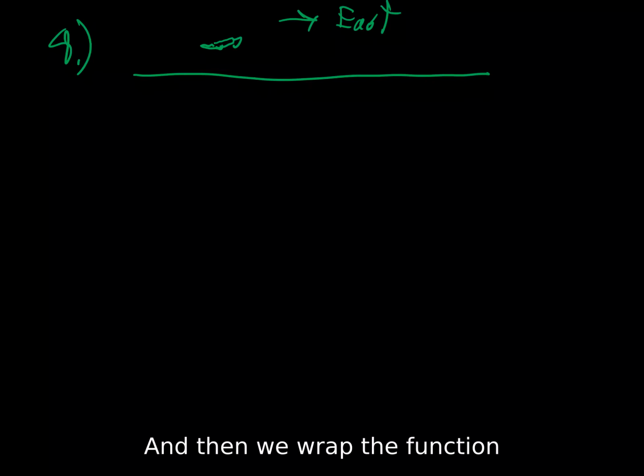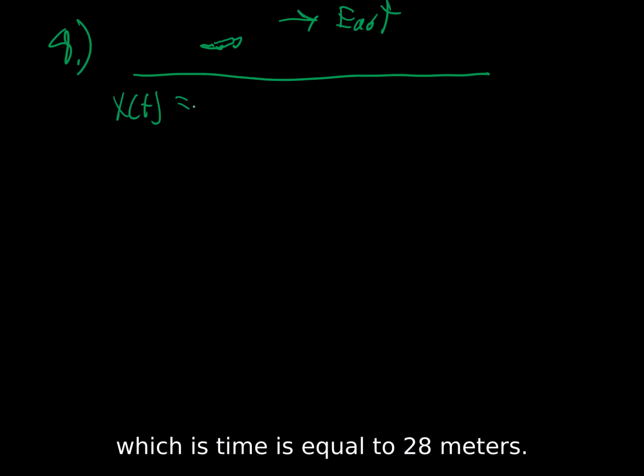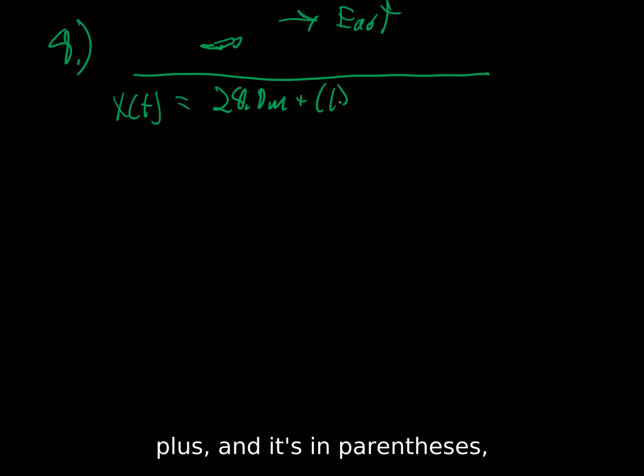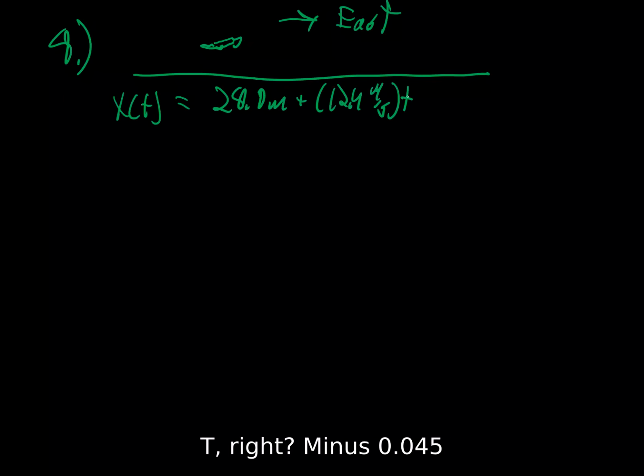Okay. And then we write the function, right? And it's x with respect to t. So we say x with respect to t, which is time, is equal to 28.0 meters plus, in parentheses, 12.4 meters per second, t, right?